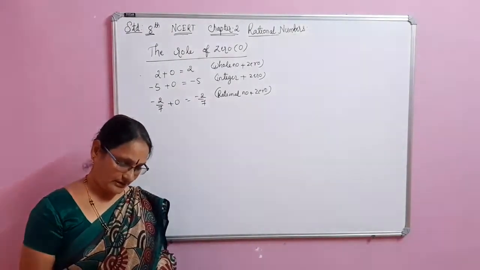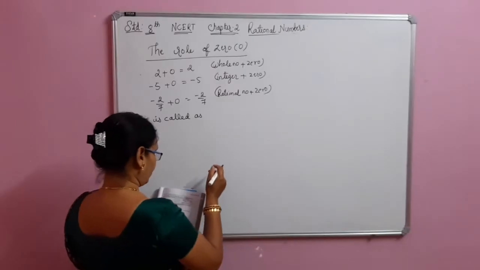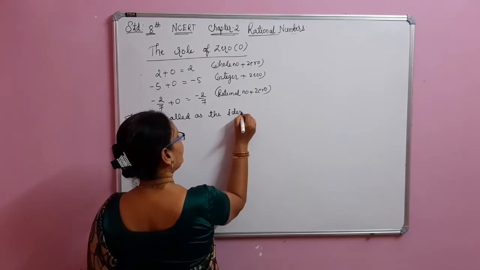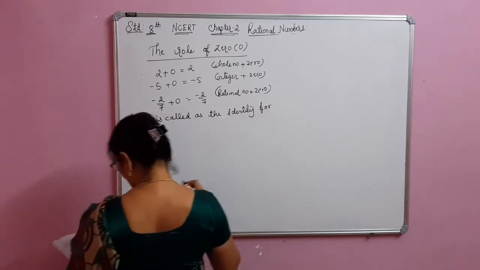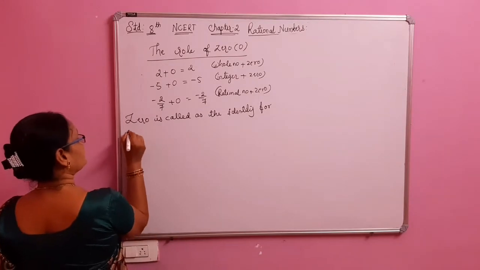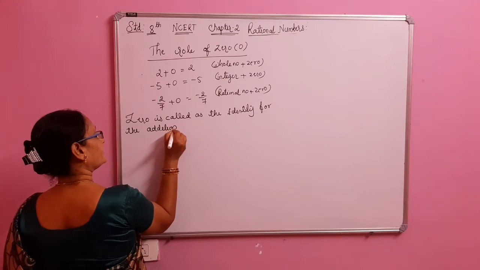Then, what does it mean? The role of 0 is that 0 is called the identity for the addition of rational numbers.